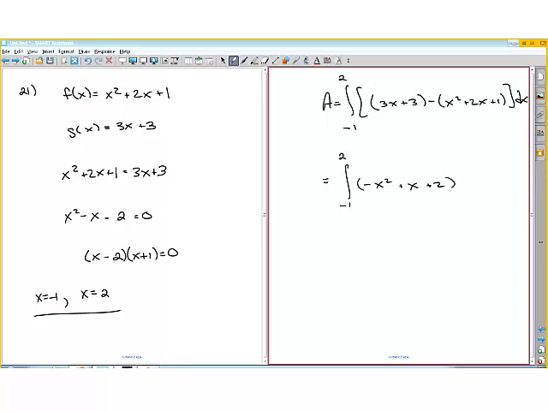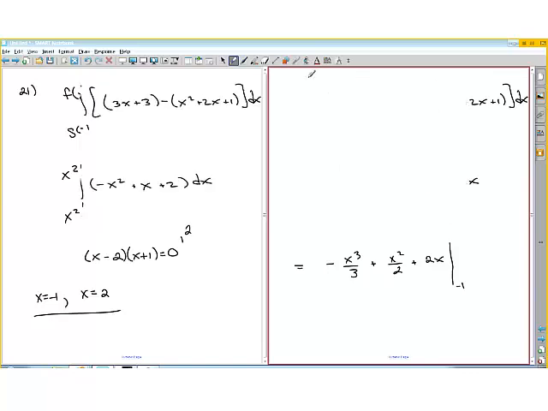So the integral of x² is x³ over 3. The integral of x is x² over 2. The integral of 2 is 2x. We evaluate that between -1 and 2. Unfortunately, it doesn't go from 0, so we've got to evaluate two integrals.